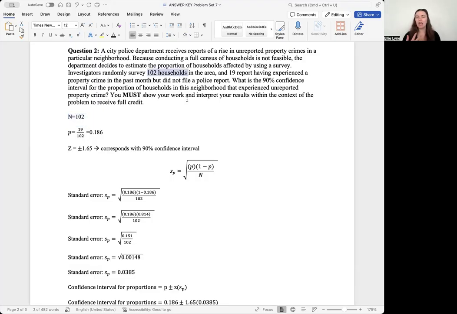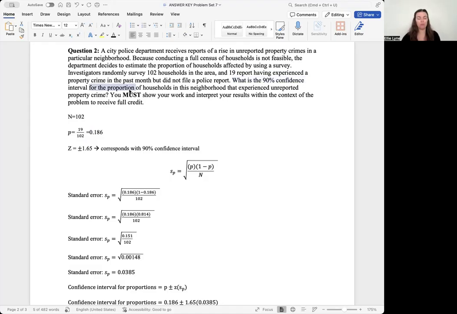There isn't necessarily a clear proportion value here, but we can easily calculate a proportion by taking those that reported having experienced a property crime out of the total number within our sample. So that proportion is 19 divided by 102, to get 0.186.